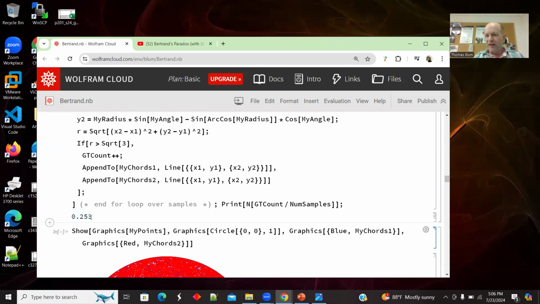But we know that if we're in the inner circle, the chord is large, and in the outer circle, it's not big enough, and that the area of the inner circle was a quarter of the whole area. So we're expecting an answer of a quarter, and there it is. And then let's do the picture.